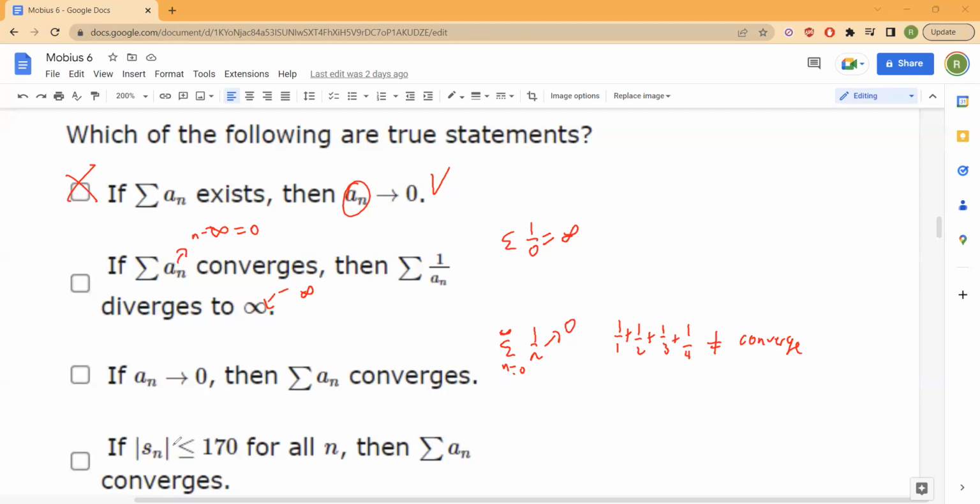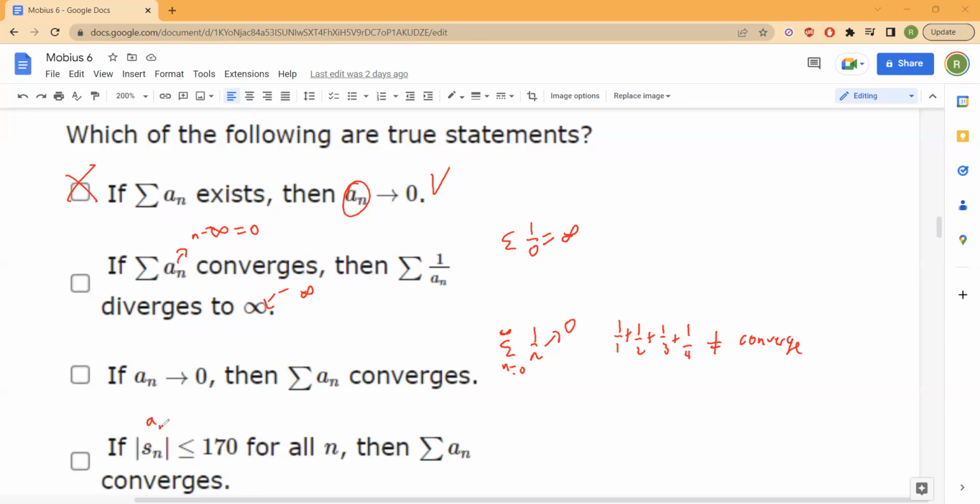Okay, so if the partial sum is smaller or equal to 170 for all n, then sigma an converges. This is false, because you may think that this means that it does converge. What is a partial sum?